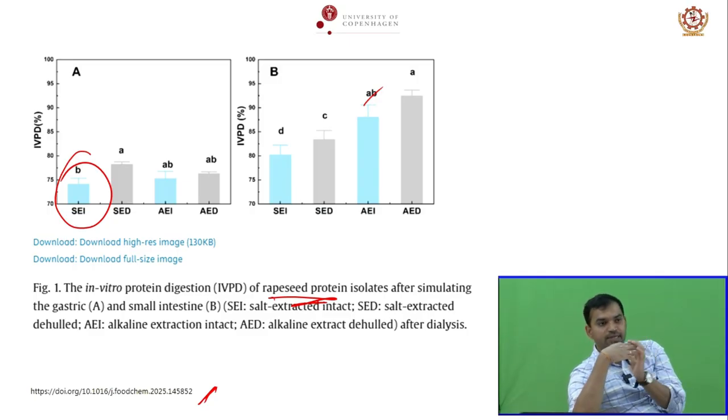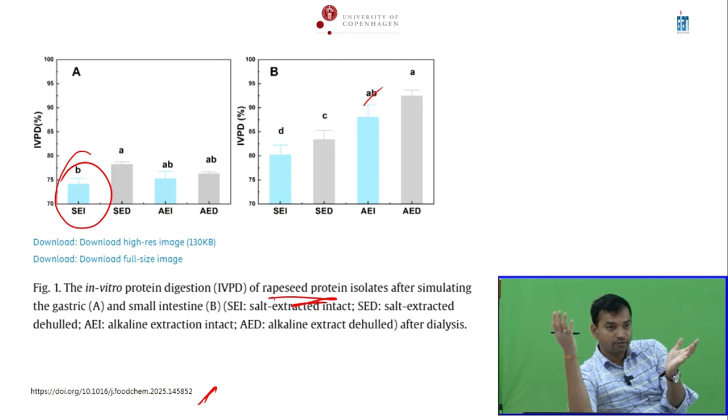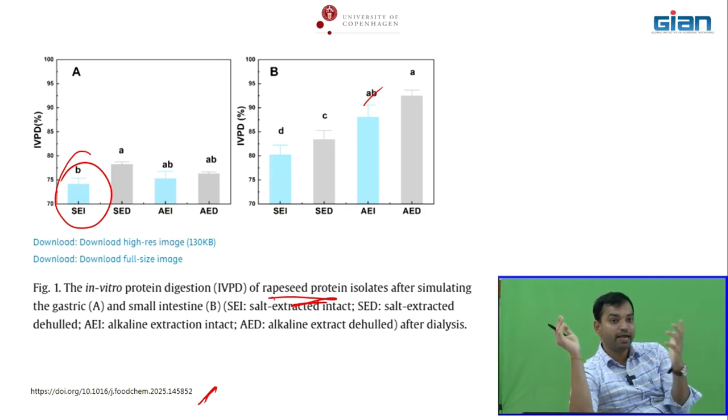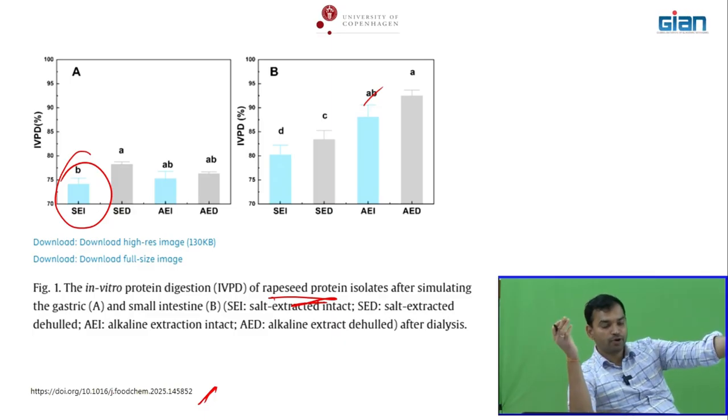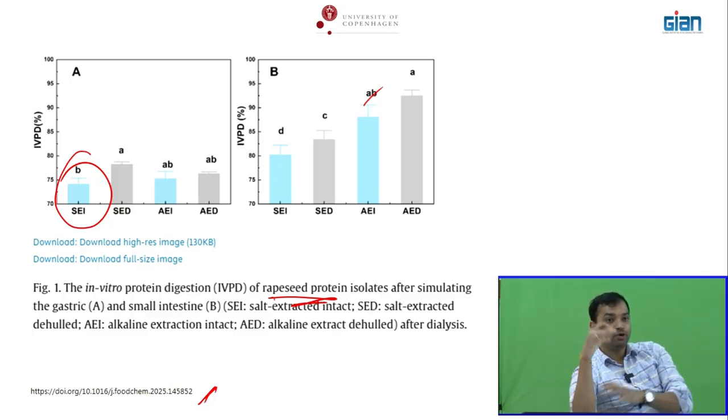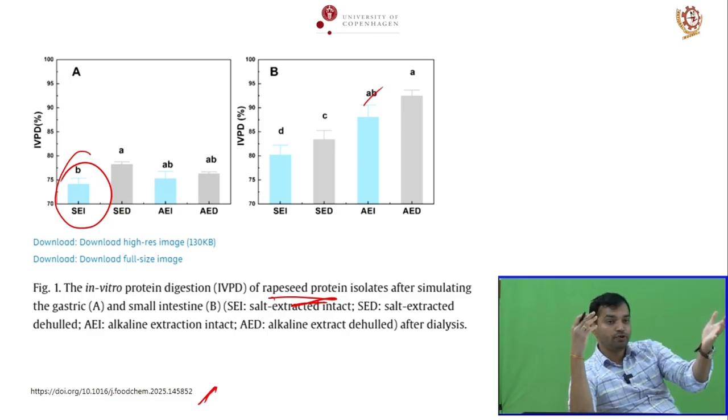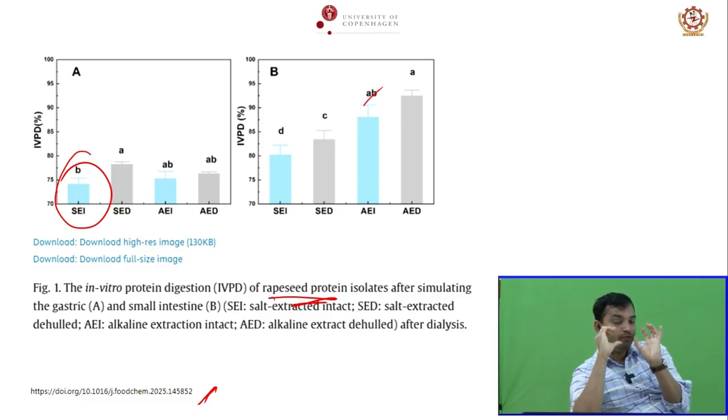So sometimes denaturation is good, sometimes it's bad for the functionality. So it depends what your end goal is. If the end goal is to have the highest water holding capacity, go for salt extraction, maybe, I don't know. If the end goal is to have the highest digestibility, I don't know, you have to go for salt or alkali extraction. It varies from protein to protein, material to material. It's again a trial and error method.